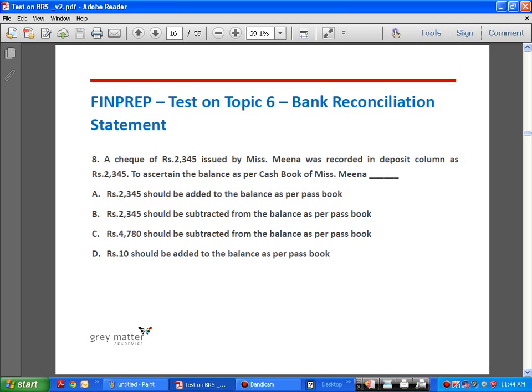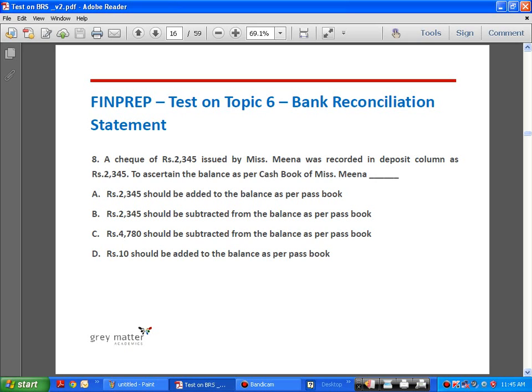A check of 2345 issued by Miss Meena was recorded in the deposit column as 2435. To ascertain the balance as per the cash book of Miss Meena, what should we do?